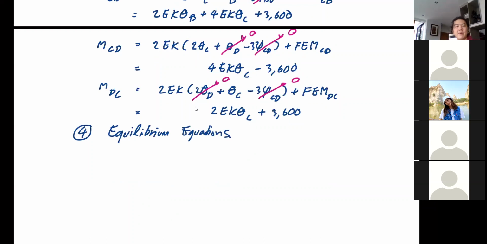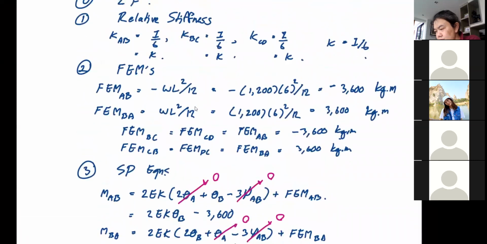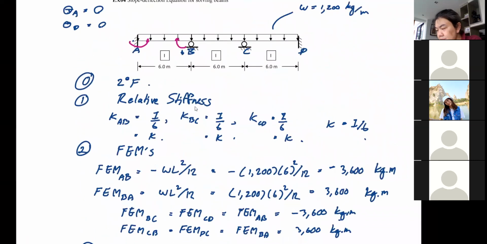What do you know about equilibrium in this beam? Moment equilibrium. Do you know the moment at A?